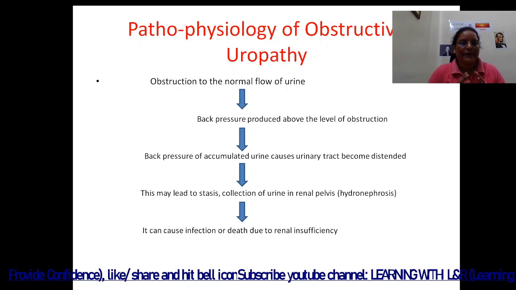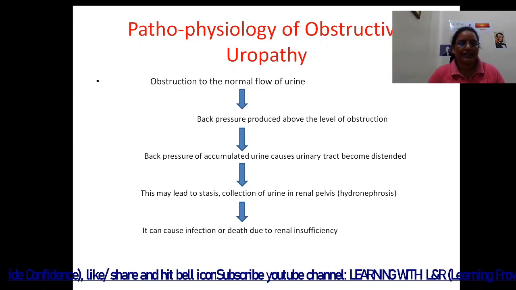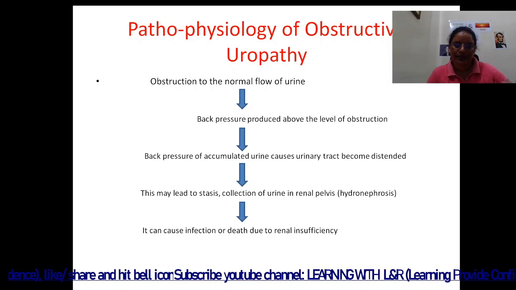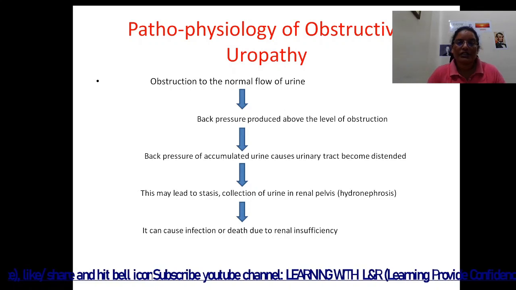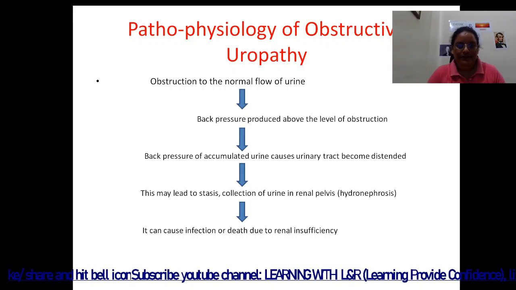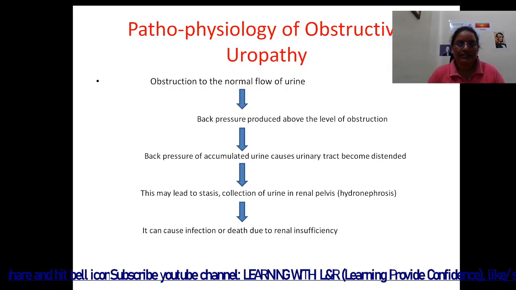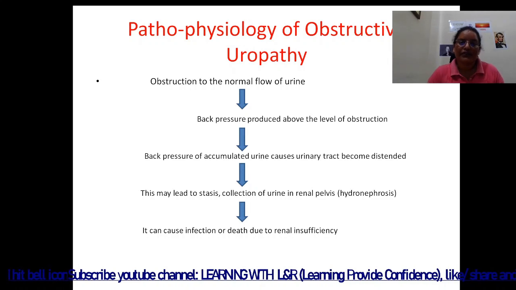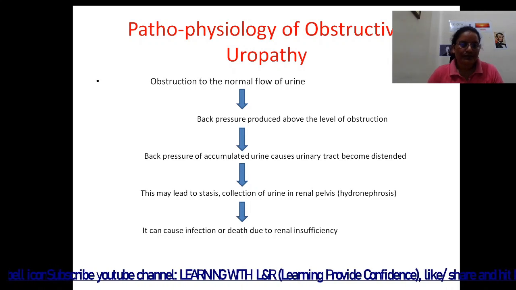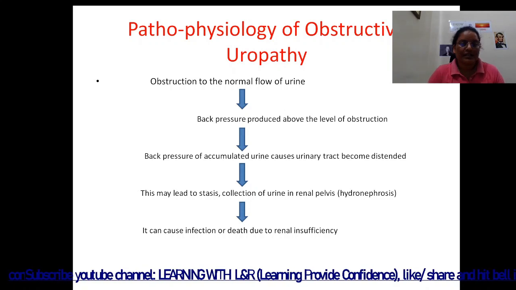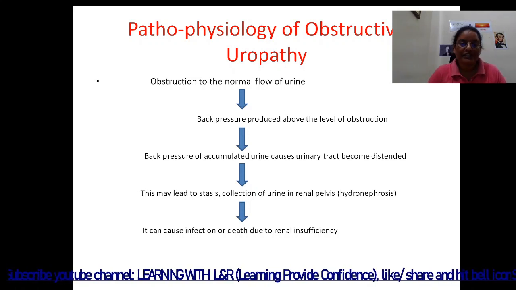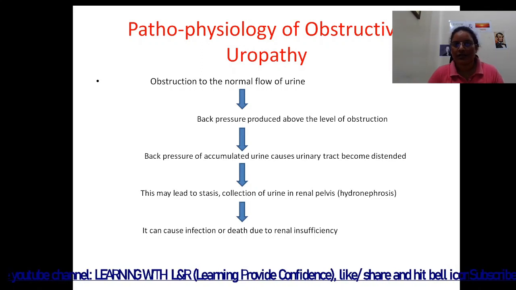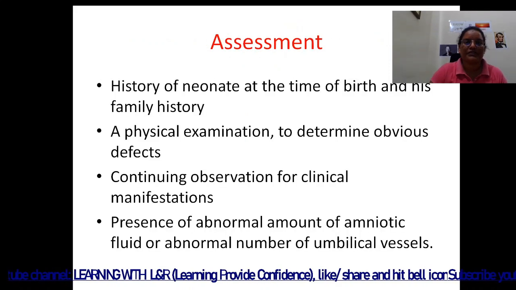When back pressure is there, urine accumulates above the obstruction, and then it causes the urinary tract to become distended. This may lead to stasis, then collection of urine in the renal pelvis. After that it causes infection. Sometimes it becomes very dangerous and causes death due to renal insufficiency. It is all about the pathophysiology of obstructive uropathy.